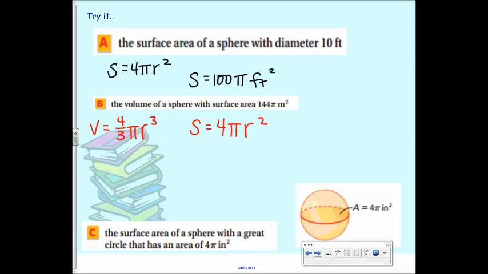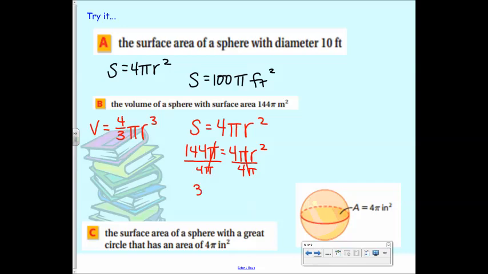So the surface area is 144 pi. So what can I do with my pi's? Just round them out. Those go away, and then I divide by what? 4. So I'm essentially dividing by 4 pi. All right, what's 144 divided by 4? 36. And 36 equals r squared.